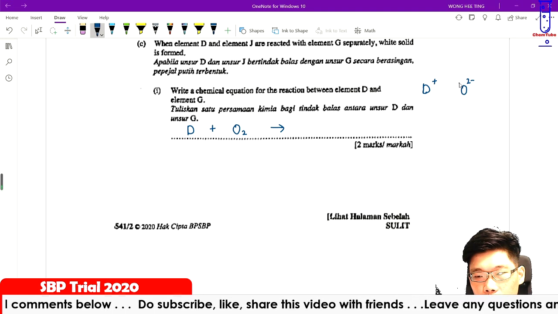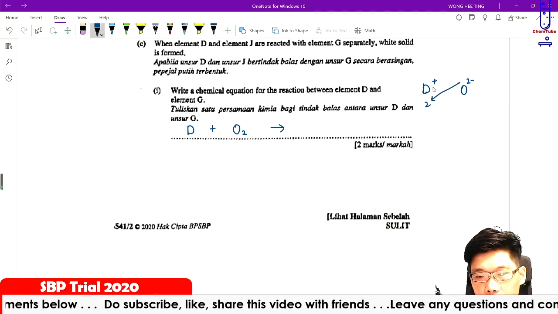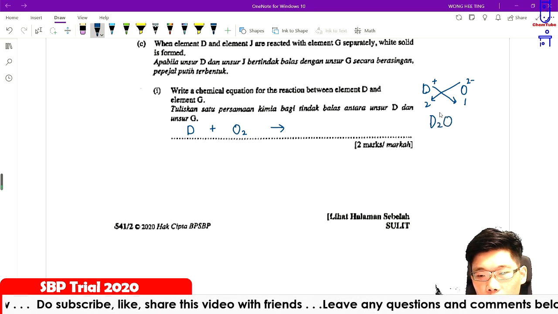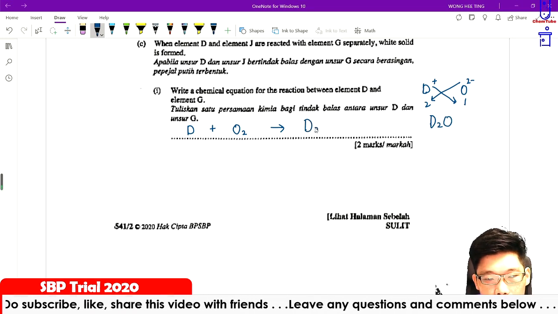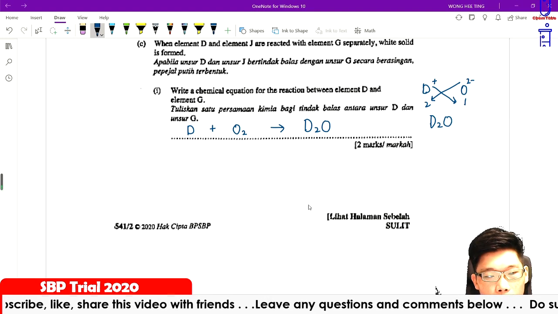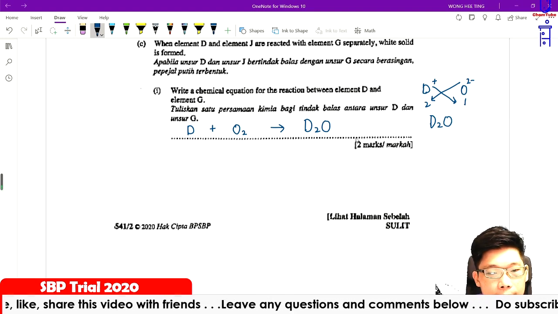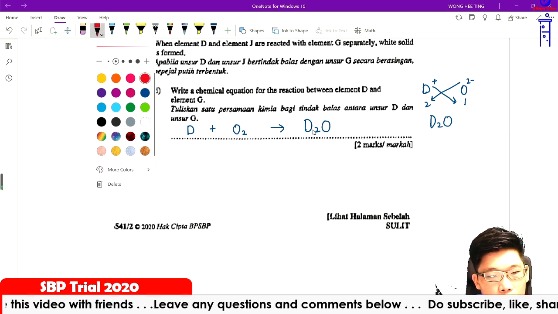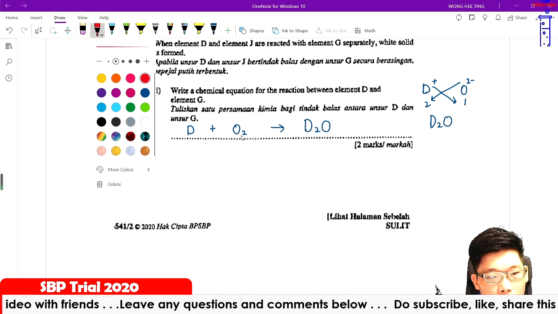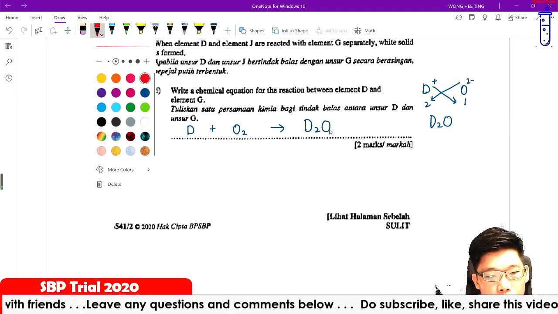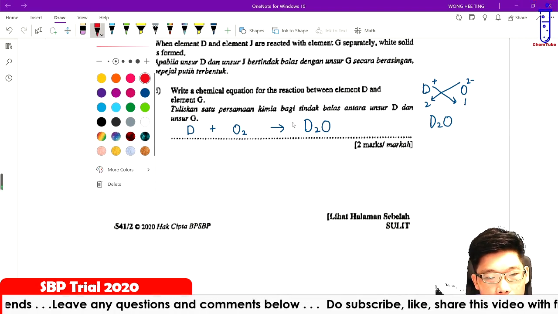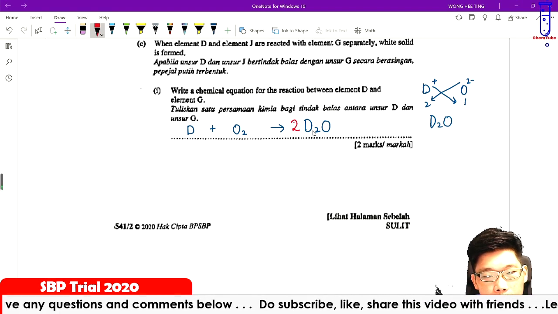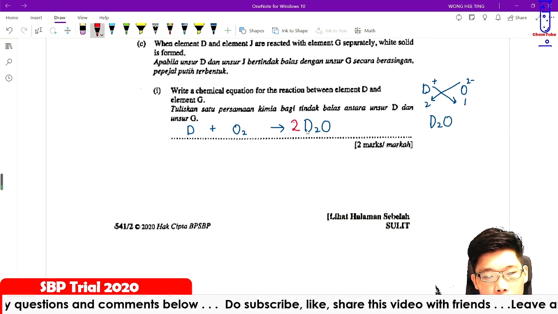So we interchange the numbers of the charge, so the formula will be D2O. Then we have to balance the equation. Oxygen first. We get O2, so here only O1, so this one times 2. Once they times 2, D also times 2, D2 times 2, 4.